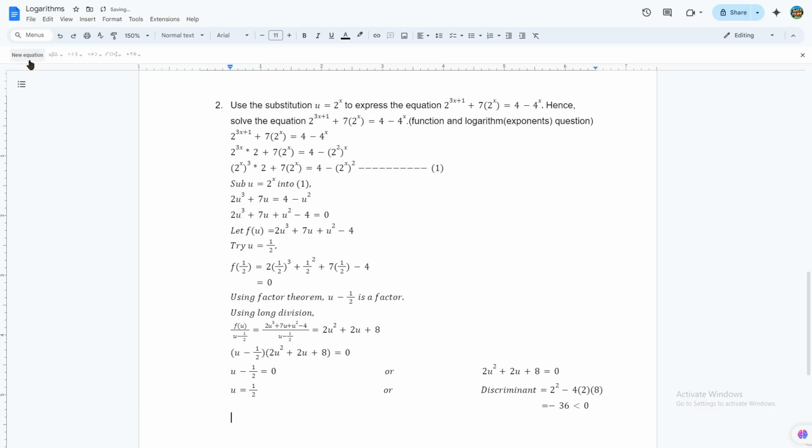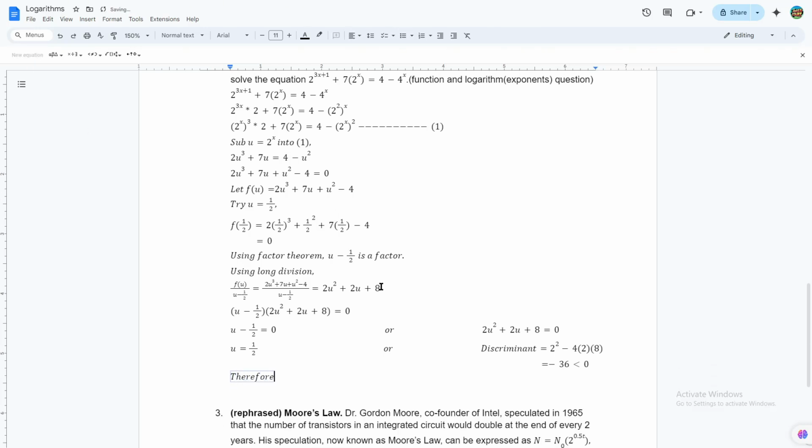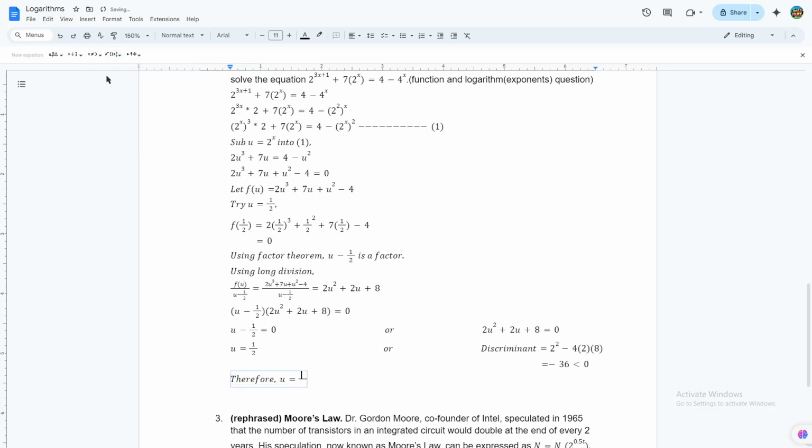Therefore, u equals half is the only real solution, and we need to write here that there is no real solution for 2u to the power of 2 plus 2u plus 8.